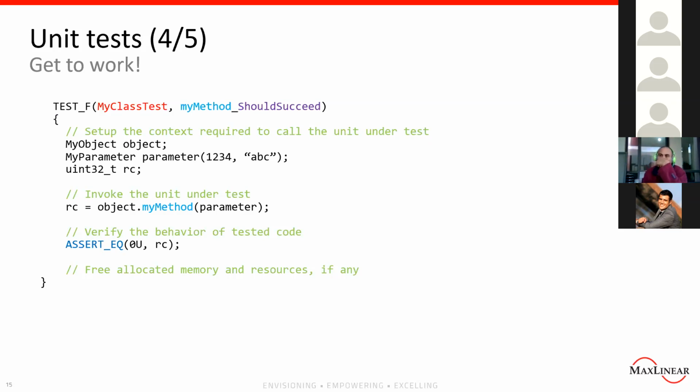Google Test provides a lot of macros to test results. Here is the simplest one, which checks that the result code has the value that we expect. It's equal to 0.